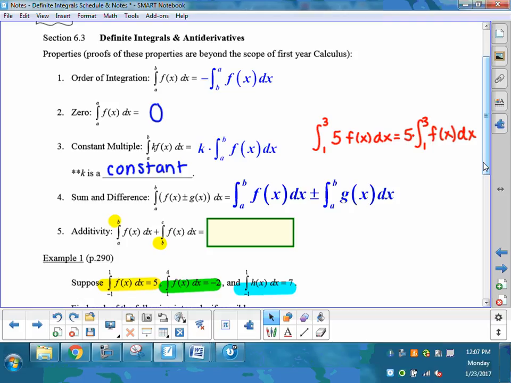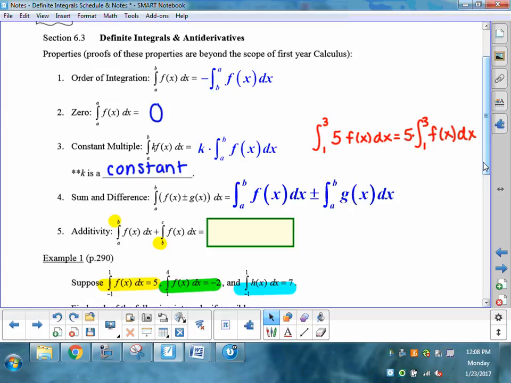Who can tell me what the integral from a to b is representative of when it gives you a value? Be more specific. Yeah, it's the area under the curve, between the curve and the x-axis. You need to know that. That's not optional. So if you need to write that down again, the integral collects the area under the curve.